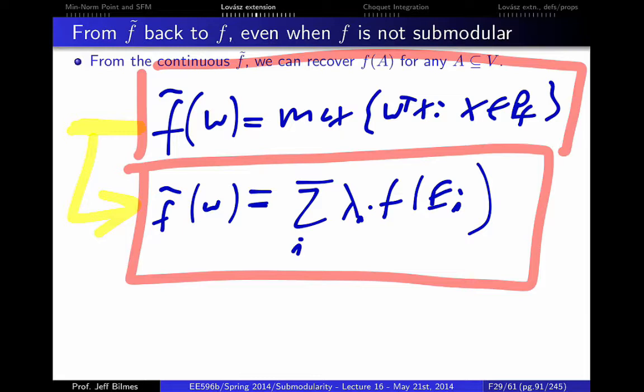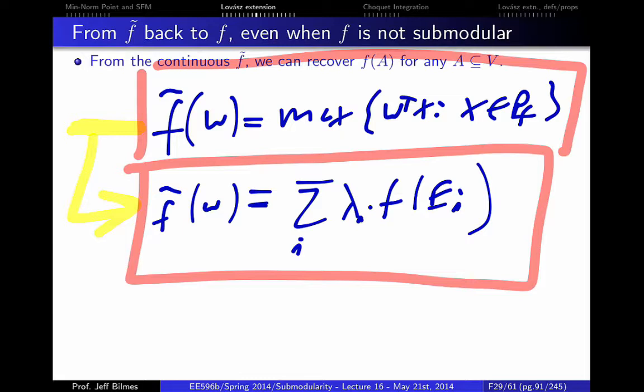Specifically, we're still sorting w, still defining the lambdas according to the differences of the w, still defining a chain E based on the sorted order of w, and still accumulating the valuations of f tilde of w in this fashion. Does that necessarily mean it's convex? That's what we want to answer.